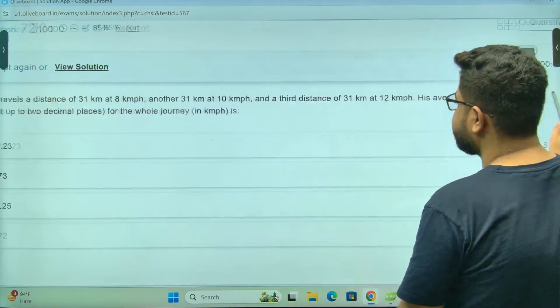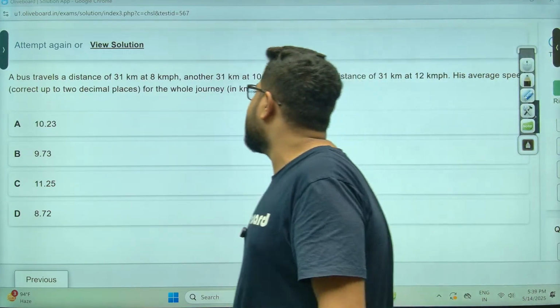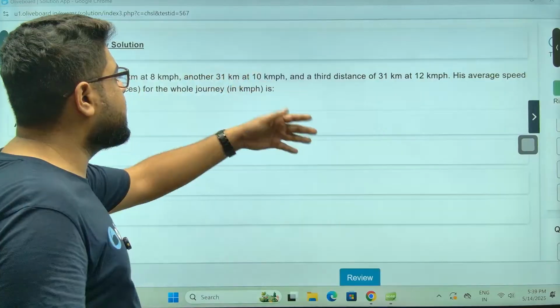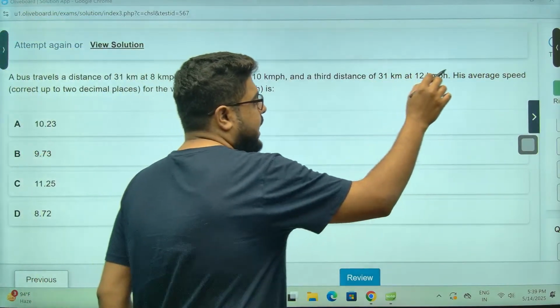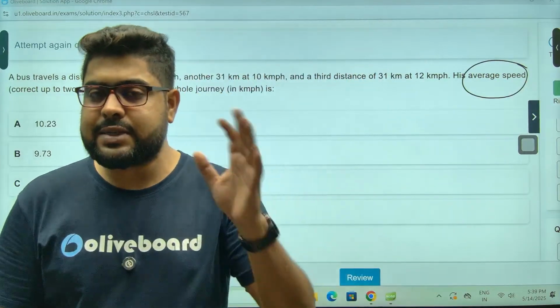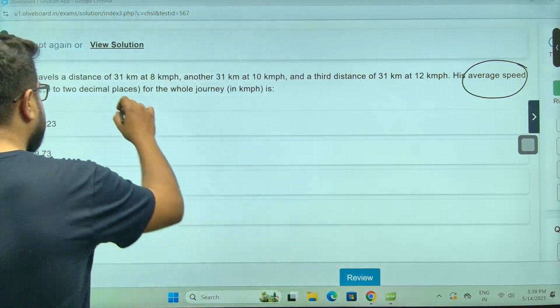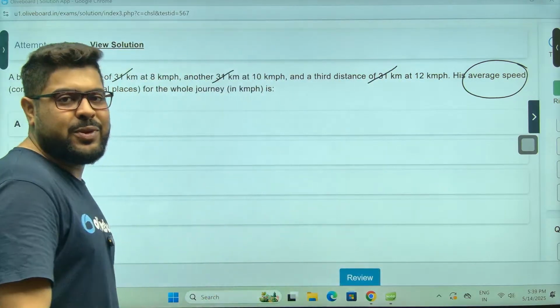Chalo. A bus travels 31 at 8 kmph, another 31 at another speed, and so on. Find the correct average. Sir, those who know average speed will say that average speed does not depend on distance. We don't need this 31 kilometers.